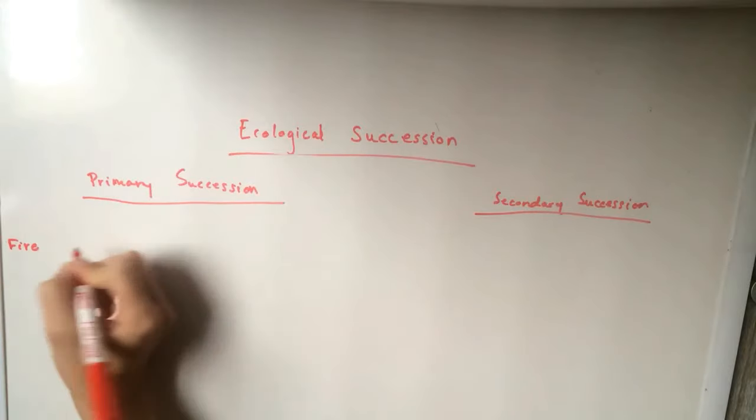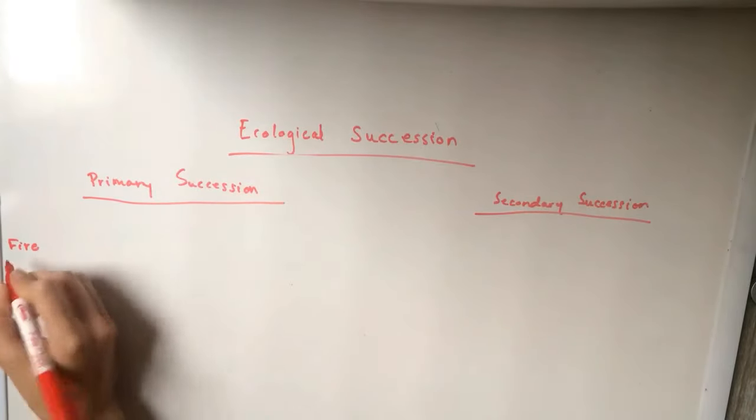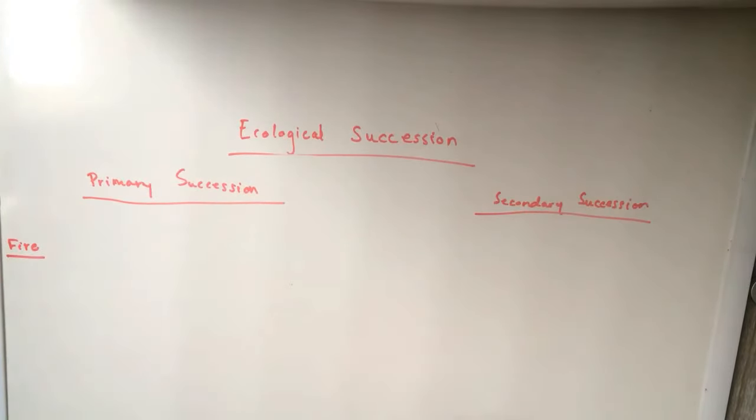Fire is an example of a disturbance that can leave behind no life form. An example of this is seen right now in 2017, with the California forest fires that are happening. They're happening very rapidly, and they are very aggressive, and they can leave behind little or actually no soil.